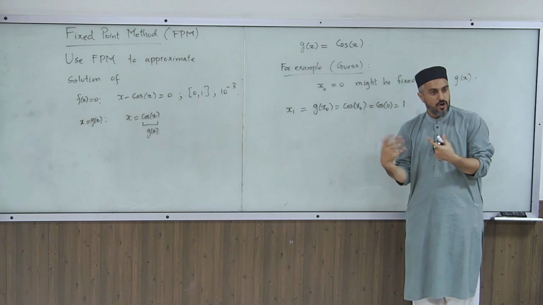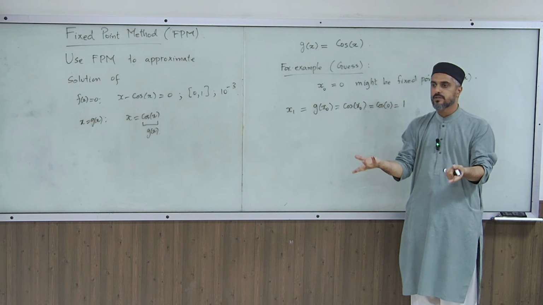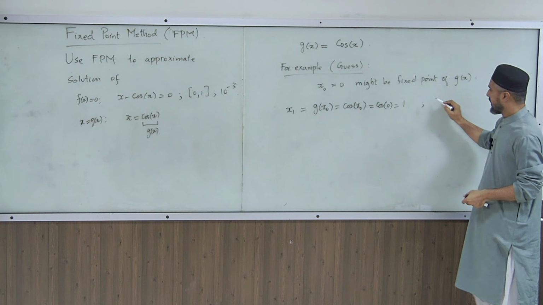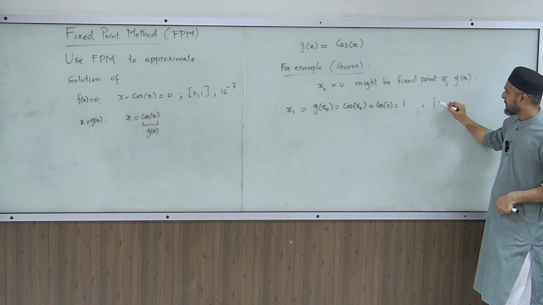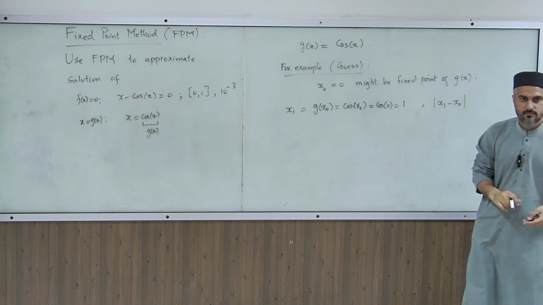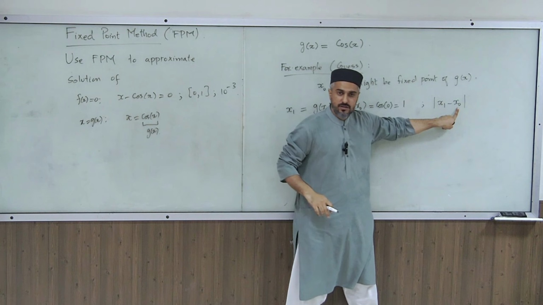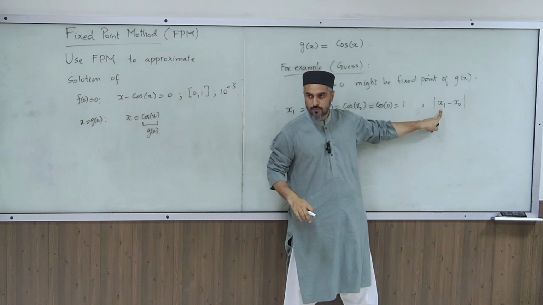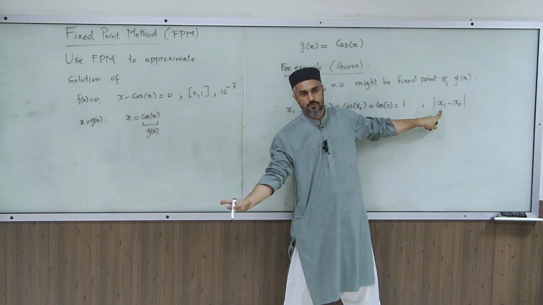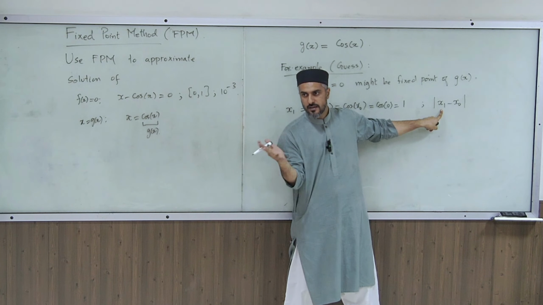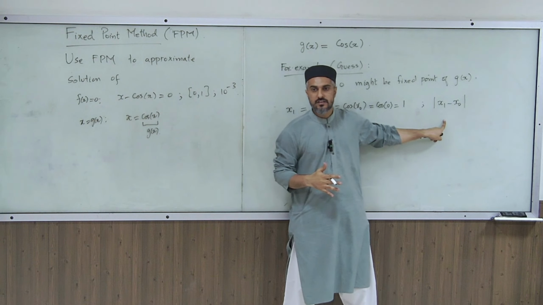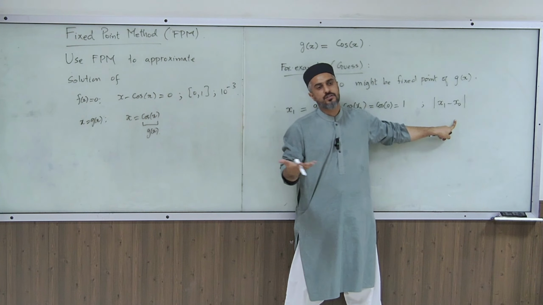Then if the output is not the same as x naught, let me call it some other number, x1. Now, x1 minus x naught, what is this? This is an input, this is an output. A point will be a fixed point if the input is the same as the output. If it is not the same, this is an error.